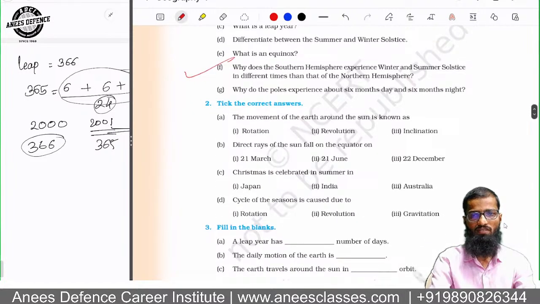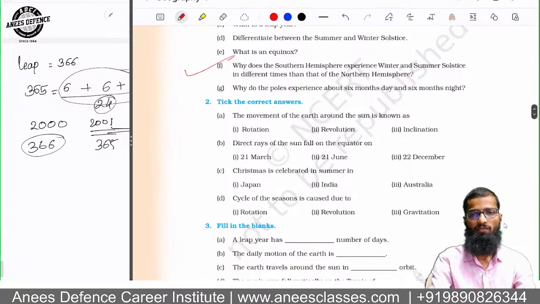Why does the pole experience about 6 months day and 6 months night? क्योंकि आर्कटिक सर्कल या फिर अंटार्कटिक सर्कल के बाद पोल वर्ड्स जो रीजन रहता है, एक्सिस टिल्ट रहने की वजह से कंटिन्यूअसली एक्सपोज होता है सन को। Example, in the northern hemisphere, आर्कटिक सर्कल के ऊपर का जितना भी पोर्शन है, above the Arctic Circle, it will be continuously exposed to the sun rays or the sunlight. That's why you have summer solstice there. उसी को क्या बोलते हैं हम, 6 महीने का दिन.